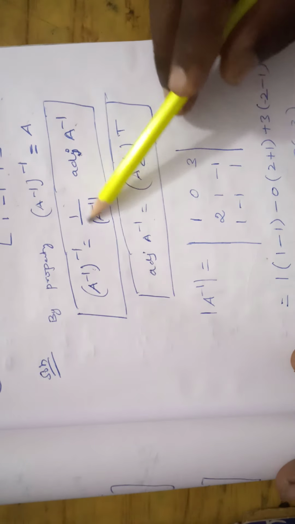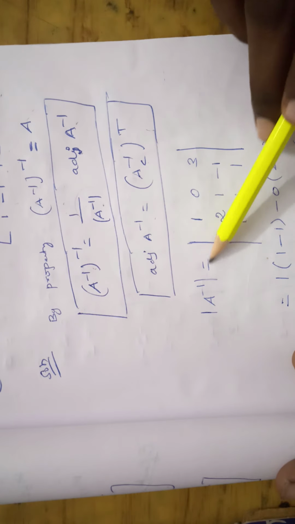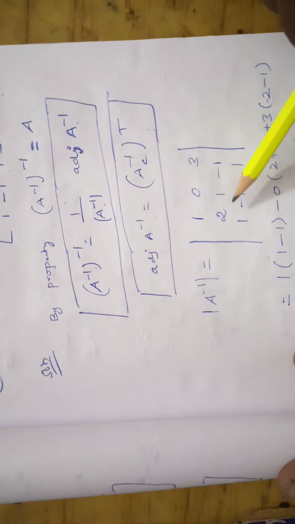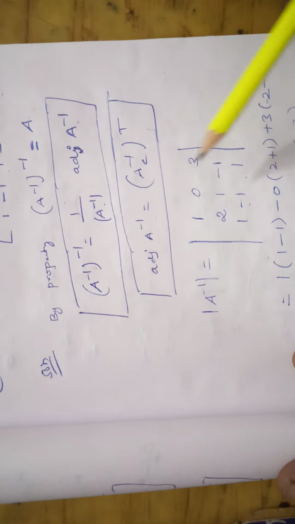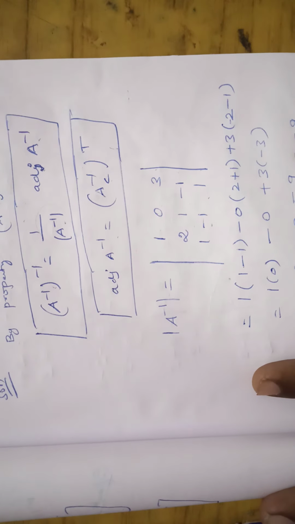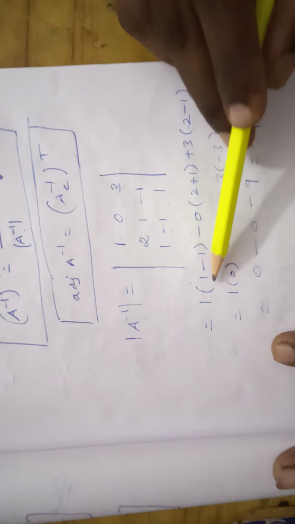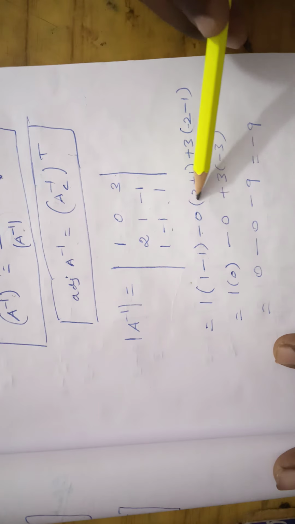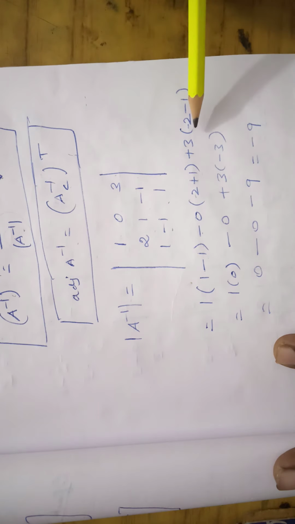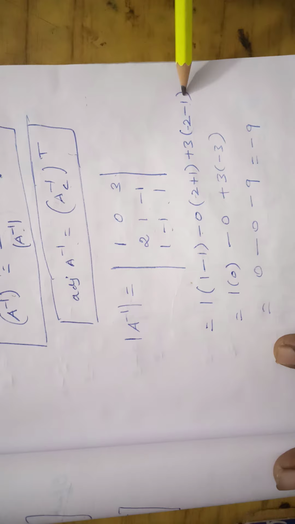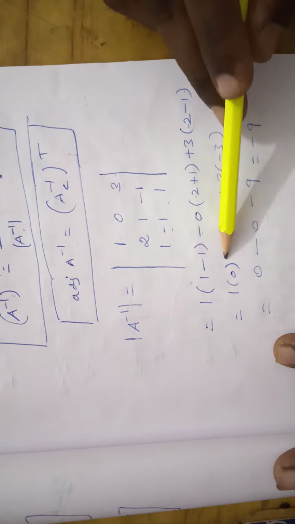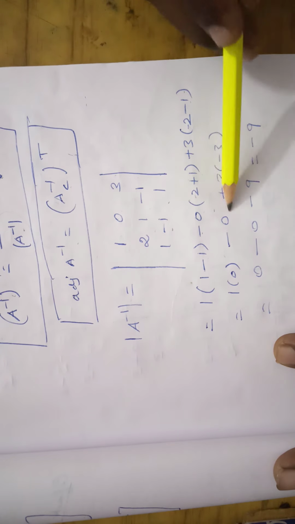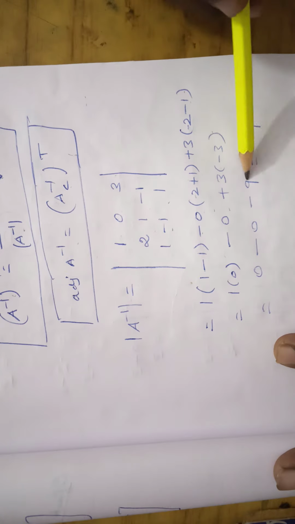First we have to calculate the determinant of A inverse, [1 0 3; 2 1 -1; 1 -1 1]. Find the determinant of the matrix: 1 into (1 minus 1) minus 0 into 2 plus 1 plus 3 into (-2 minus 1). 1 into 0, 0 into anything is 0, and 3 into minus 3 is minus 9.